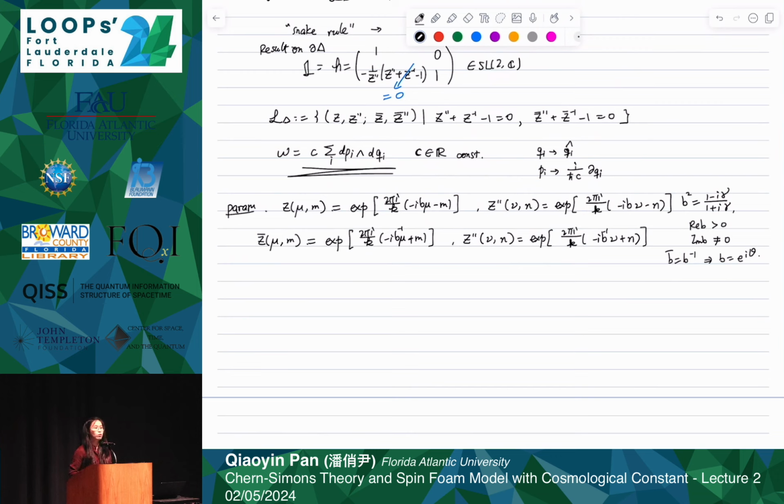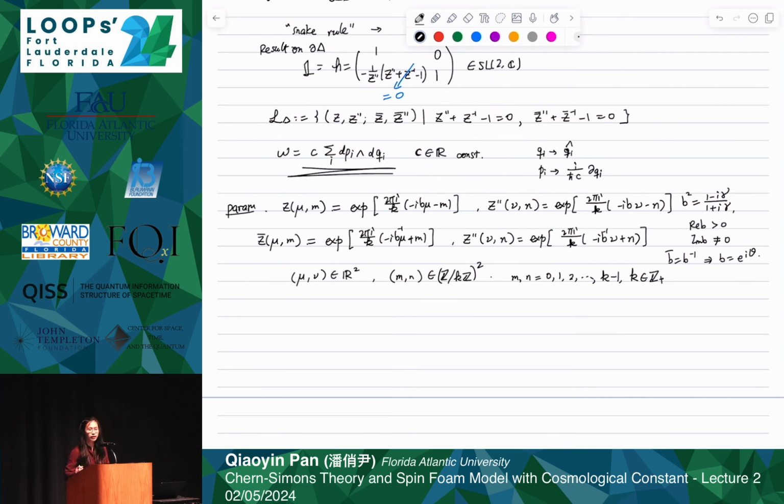Now, which space do these parameters mu, nu, m, n take? This mu and nu, they are real variables. And m and n, they are discrete variables, and they take integer values modulo k, which means that if I choose the branch, they take values from 0, 1, 2, up to k minus 1, where k I take to be a positive integer, just for simplicity.